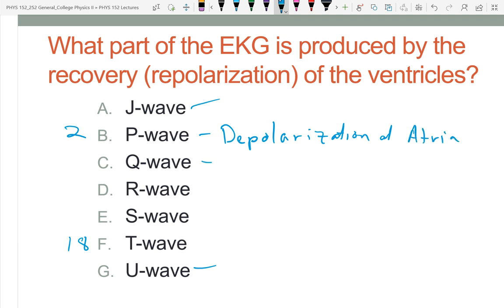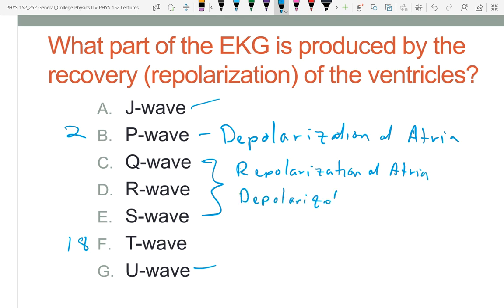Q wave is, these are part of the complex that are both repolarization of atria and depolarization of ventricles. And the T wave was our correct answer here that almost everybody got. That's the repolarization of the ventricles.